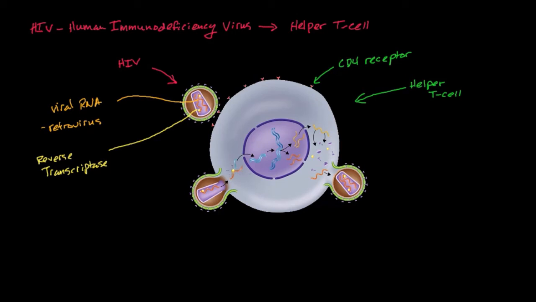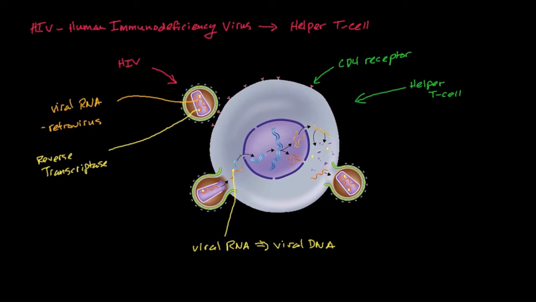And now what happens is that reverse transcriptase converts viral RNA to viral DNA. In other words, reverse transcriptase transcribes viral RNA into a viral DNA.